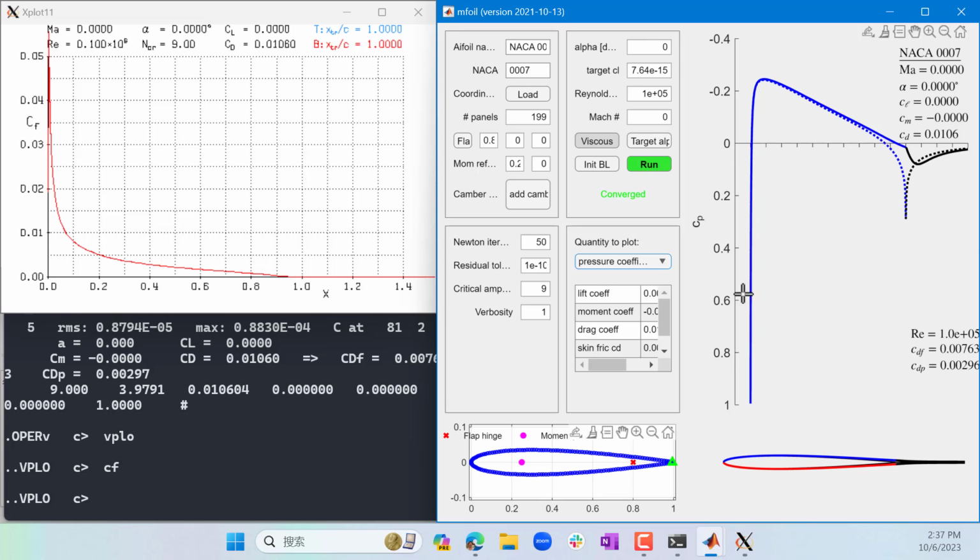The difference is almost nothing near the leading edge, right? But the difference is pretty significant. It's almost like 0.2 at the trailing edge, right? And which direction does this difference act on?